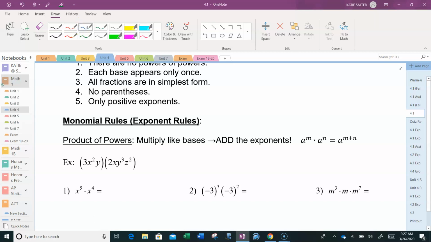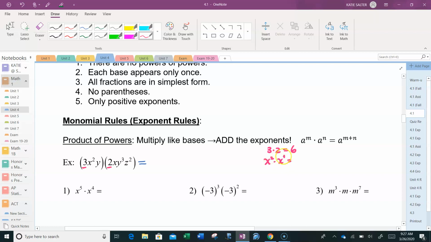The big thing that you have to remember is that you're going to multiply your coefficients like you've always multiplied. These are not exponents. So 3 times 2 is still what 3 times 2 has been since you were in 3rd grade. 3 times 2 is 6. And then you multiply like bases. So we have x squared times x. And even though you don't see it, that's really x to the first.